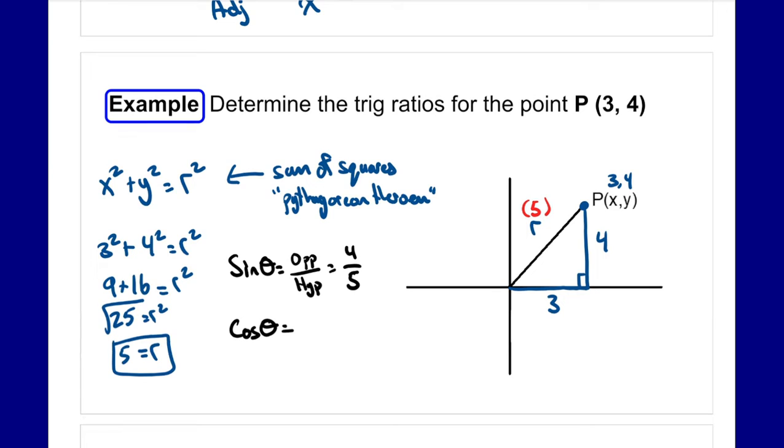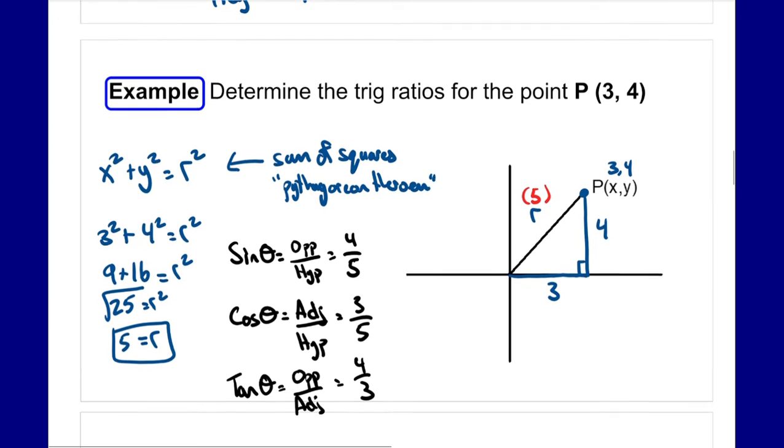Cosine is adjacent over hypotenuse, which is 3 over 5. And then finally tan is opposite over adjacent, which is now 4 over 3. So that's how we would come up with our trig ratios using standard form and being given a point on the terminal arm.